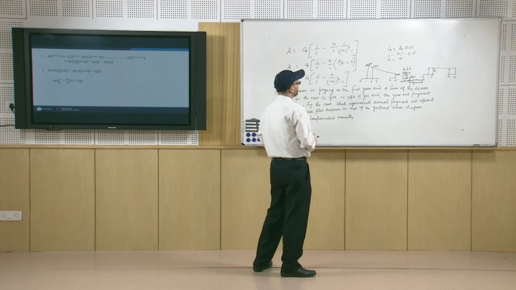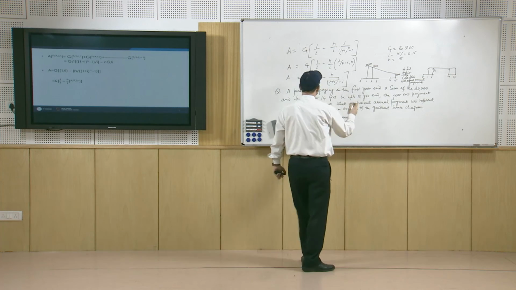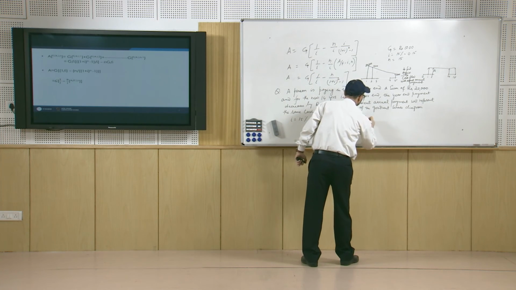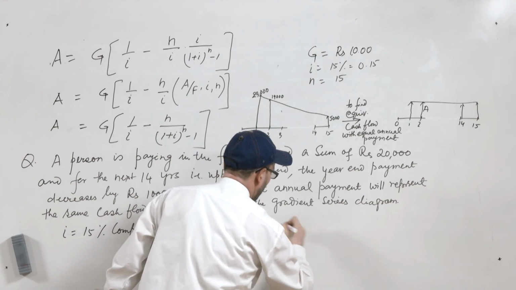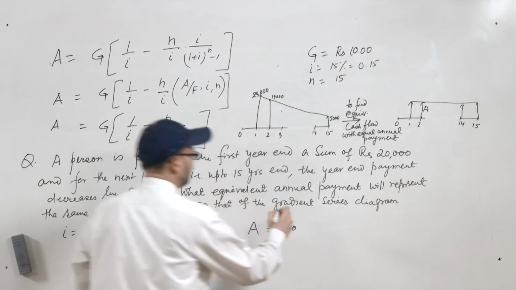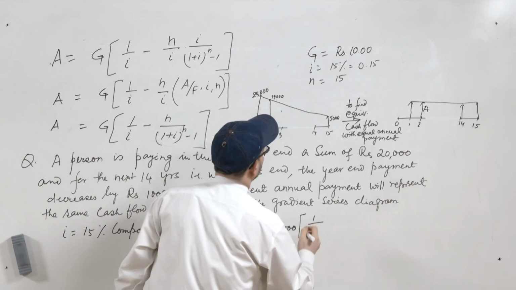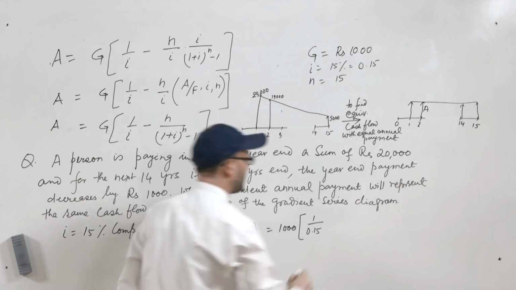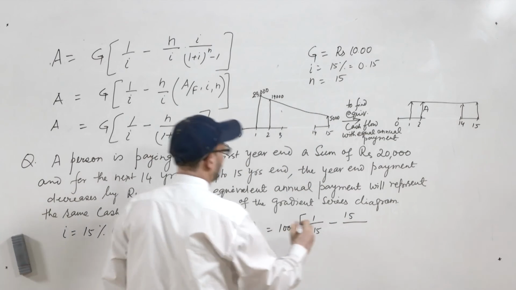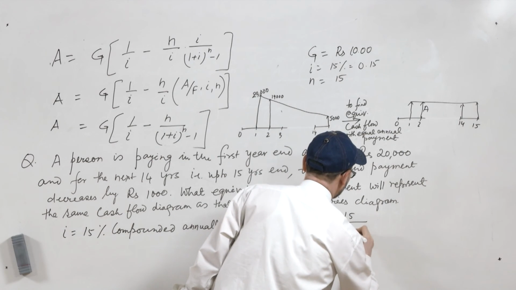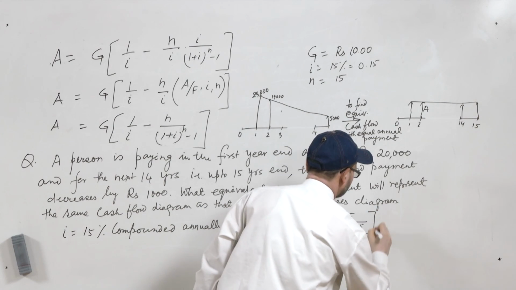So what you do is you use this series. So what you will do, you will find A as G is given as 1000 multiplied by 1 by i, 1 by 0.15, minus 15 by 1.15 to the power 15 minus 1.